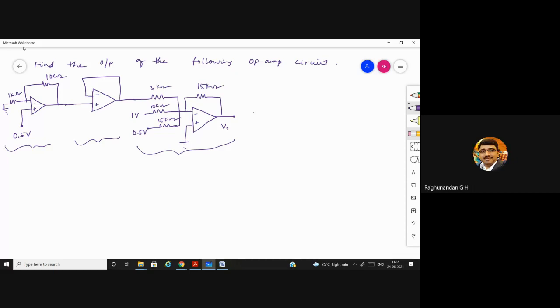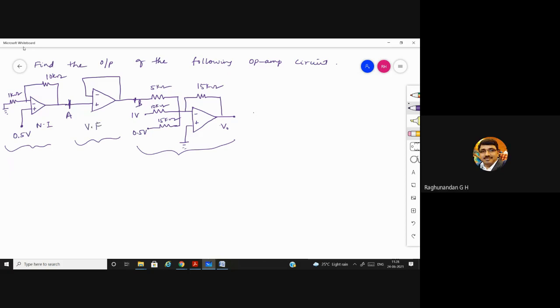Yes, it is non-inverting. Till here we get non-inverting. Let us mark this point as A. This is B. So what about this one? Voltage follower. Yes, it is a voltage follower.